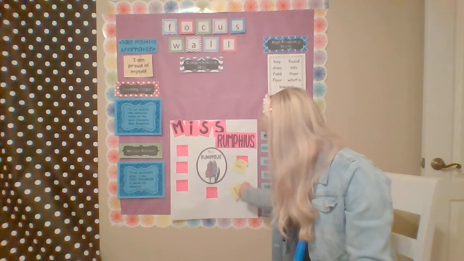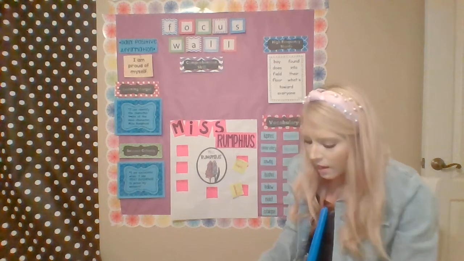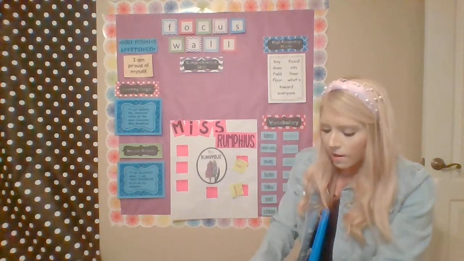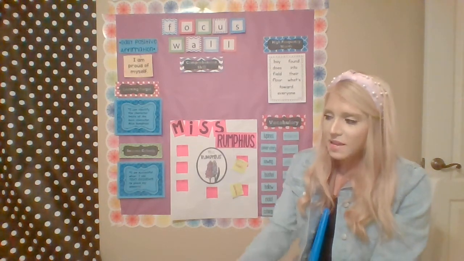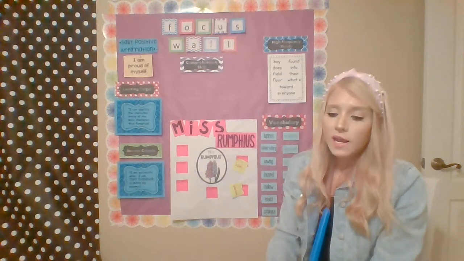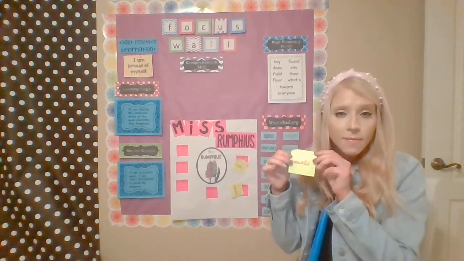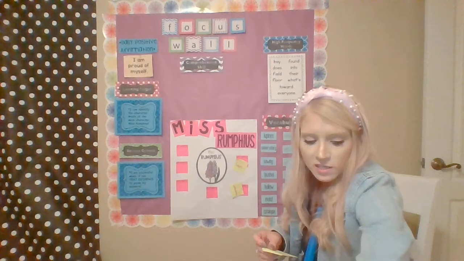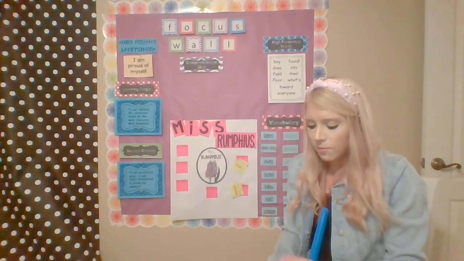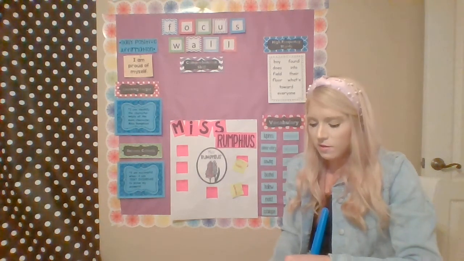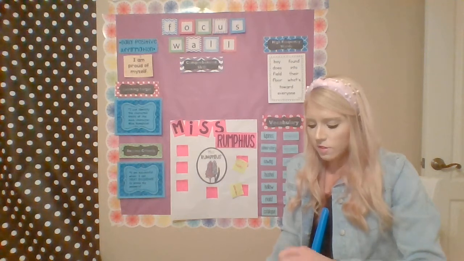Okay. And on this one, I did think of one outside trait, and I put beautiful because through the picture she did look very beautiful, and also other people in the book described her as beautiful too.